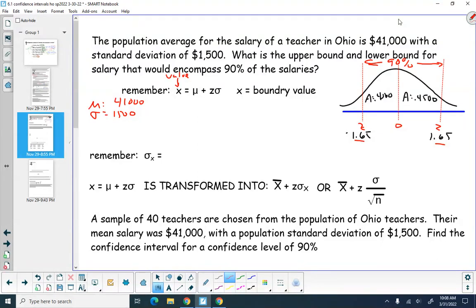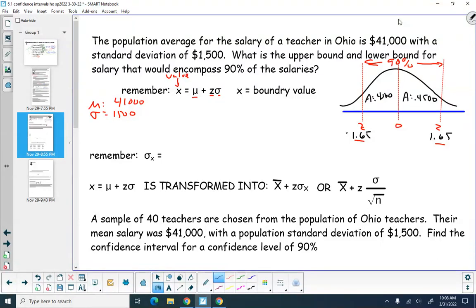What we want to come down to now is the actual value for negative 1.65 and 1.65. How we calculate our value is: value equals the mean plus or minus the standard deviation times our z-score. So what I would like you to do is calculate these two values.